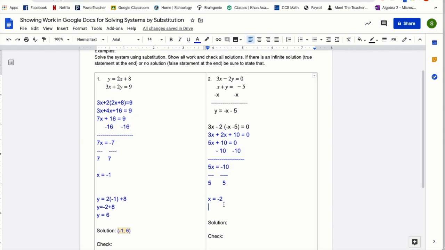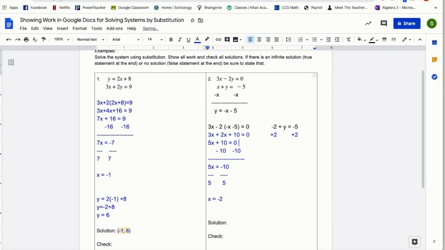I can keep working vertically if I want, but I can also work horizontally. It might be a little more tedious to do that, but it's up to you. So I'm going to plug back into the original. I'm going to have negative 2 plus y equals negative 5. Now don't hit enter here, because if you do, it's going to create a space back in your original. So click on the next line and then space bar it out. And this is what I mean by it can be tedious to do it this way.